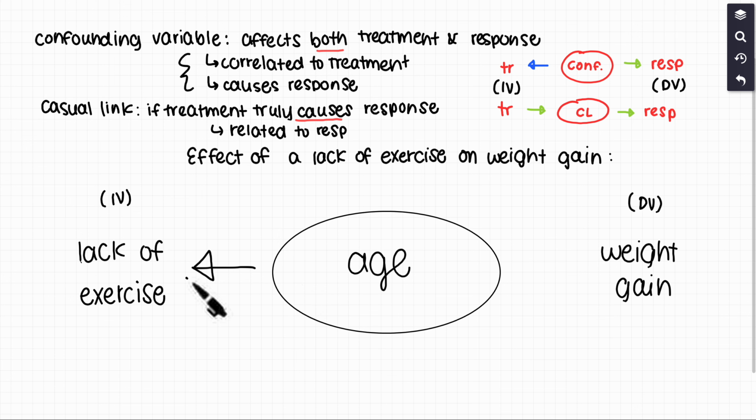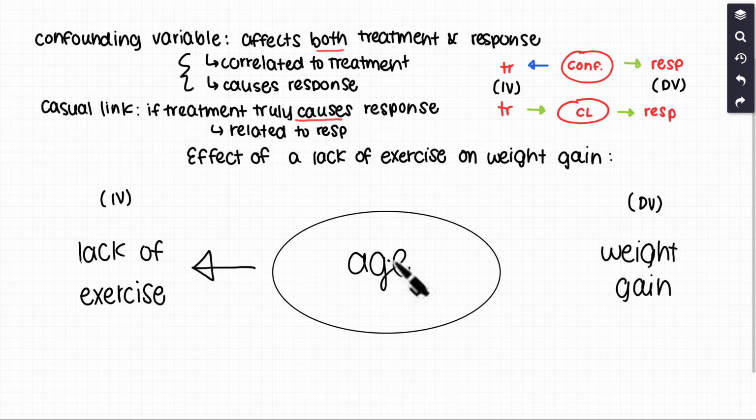So I'm going to put an arrow that points from age to a lack of exercise. Notice my arrow is not pointing this way. That's incorrect, because a lack of exercise doesn't cause or affect your age in any way. It's the other way around. Your age may have an effect on how much exercise you do. So we want to be careful of the direction of the arrows.